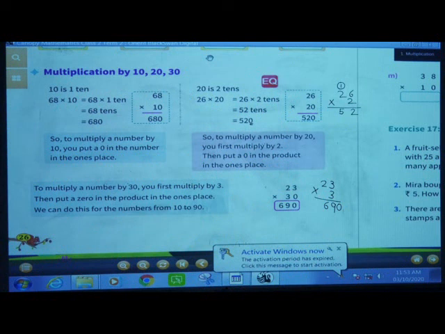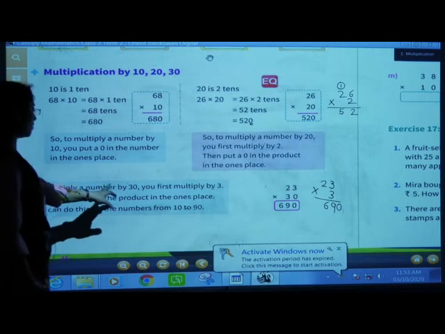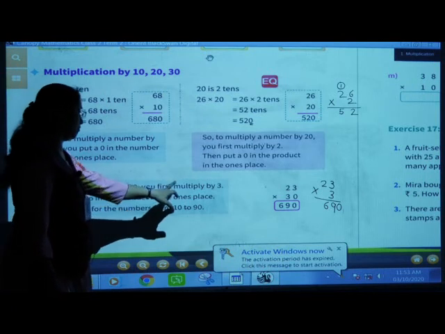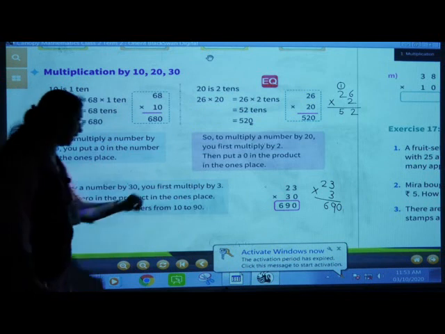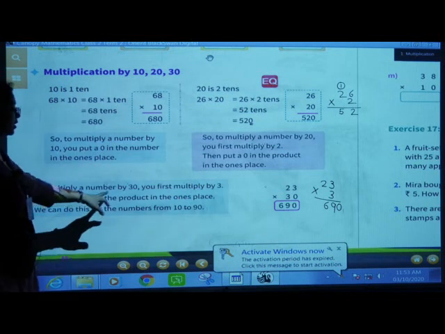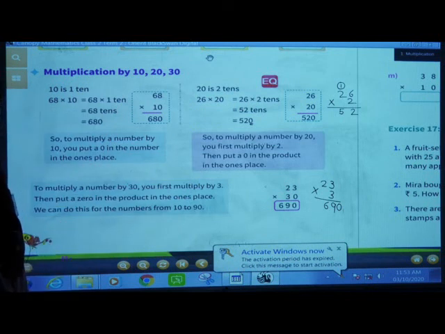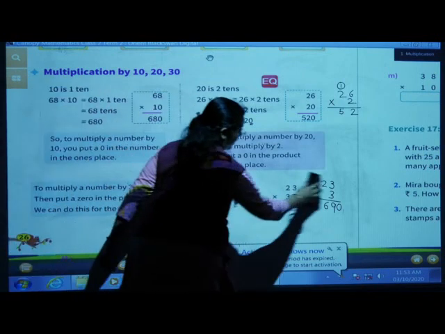Okay. So to multiply a number by 30, we first multiply by 3, then put a 0 in the product in the ones place. And we can do this for the numbers from 10 to 90. We will see in the next exercise.